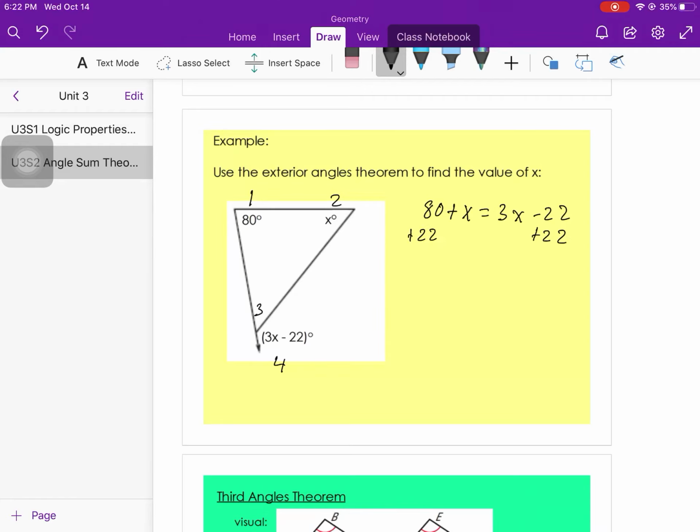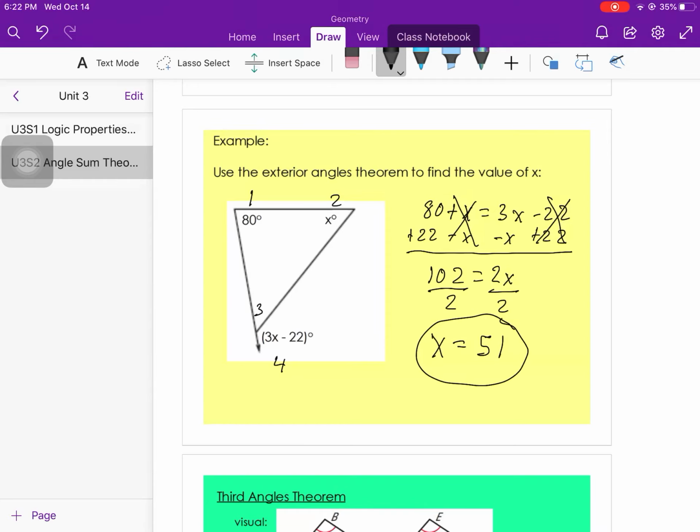So I'm going to add 22 to both sides. I'm going to subtract x from both sides. The x's go away, we get 102. And then 3x minus x gives me 2x. These go away as well. Divide by 2, and we get x equals 51.